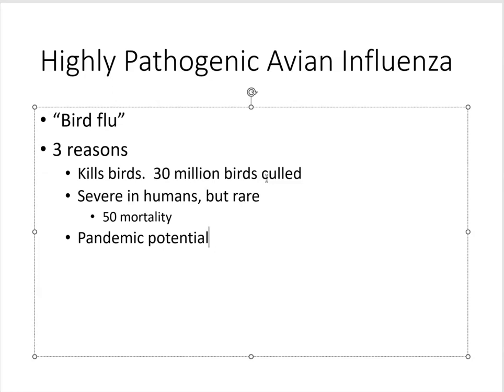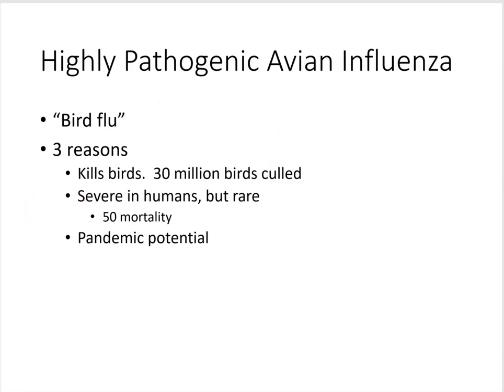So a few mutations would allow this to go from person to person. The reason it probably hasn't happened yet is those mutations don't help it in birds. And not many people are up close and personal with birds every day that have bird flu. So hopefully there are other reasons this hasn't happened that we don't know about that are protecting us. But this is potentially the worst thing you could hear about.